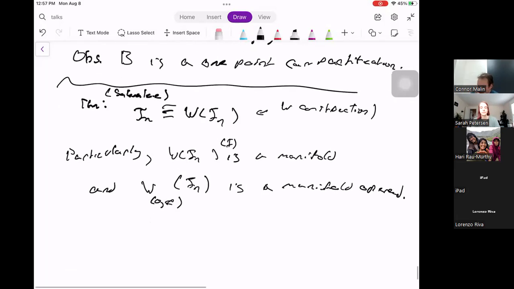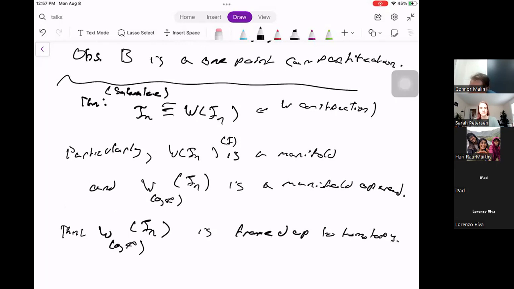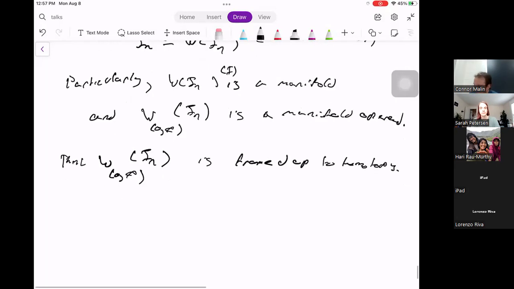And so it will turn out, kind of a theorem, this thing is a manifold operad, and it's framed up to some homotopy issues. So this is basically framed up to homotopy, whatever that should mean. And so we will apply Atiyah duality to it.